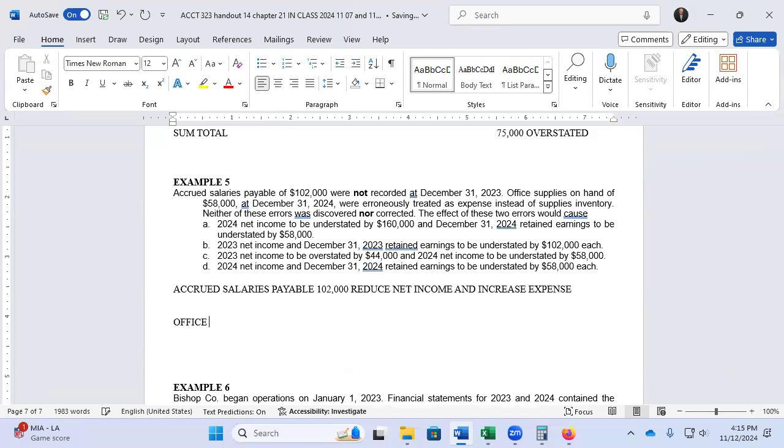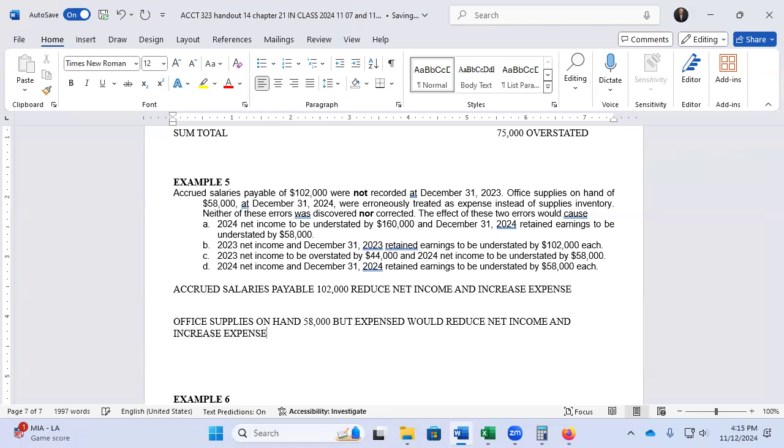And then the office supplies on hand, 58,000, but expensed, would reduce net income and increase expense.